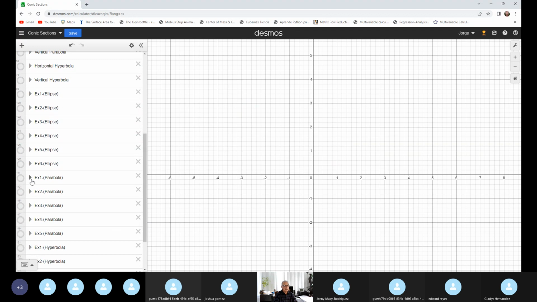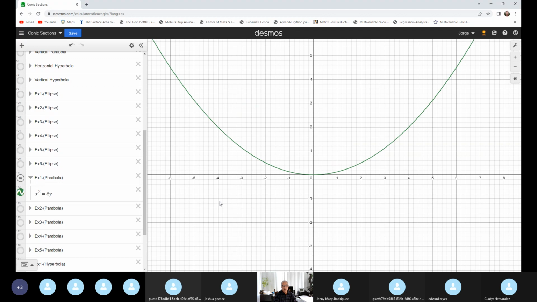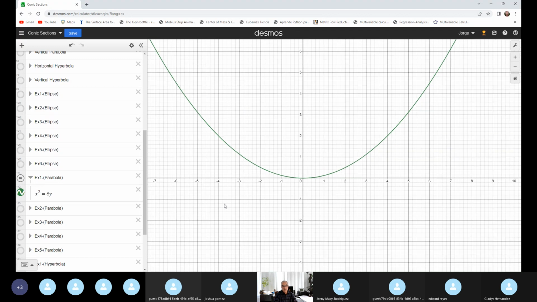Example 1 parabola is this: x squared equals 8y. Oh, look at that parabola. At least I understand that it's vertical and opens up.